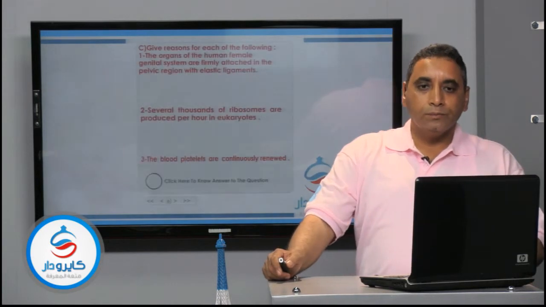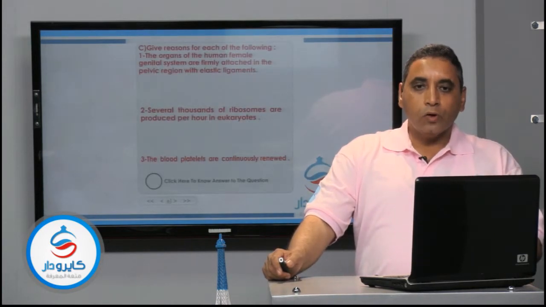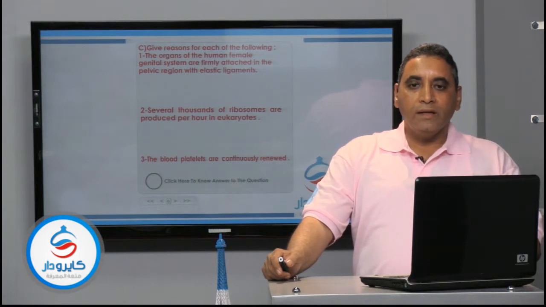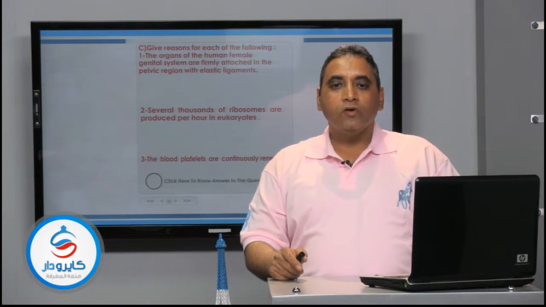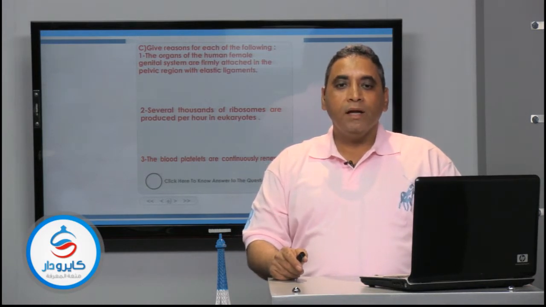The next question, give reason for each of the following. The organs of the human female genital system are firmly attached in the pelvic region with elastic ligaments.